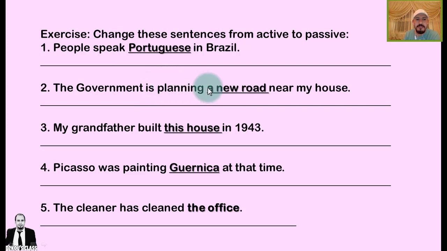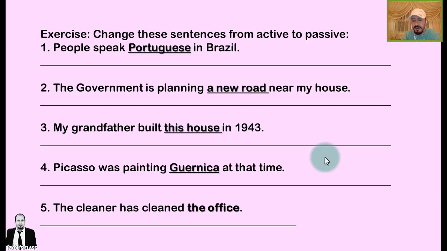Number three, my grandfather built this house in 1943. So here we have the simple past. Number four, Picasso was painting Guernica at that time. So we have here past continuous. And number five, the cleaner has cleaned the office. And we have here the present perfect. Present perfect. Okay. You can pause the video and you can do this exercise, and you can check.